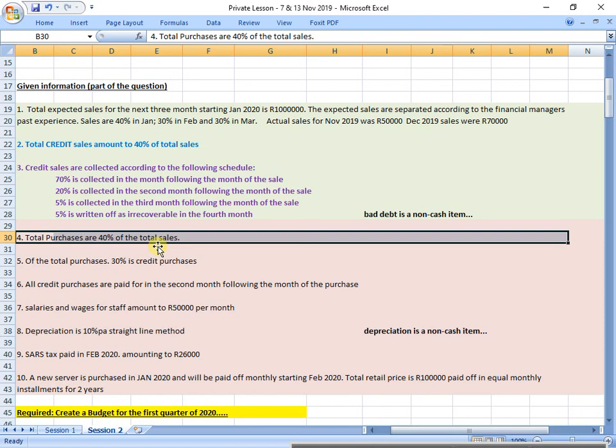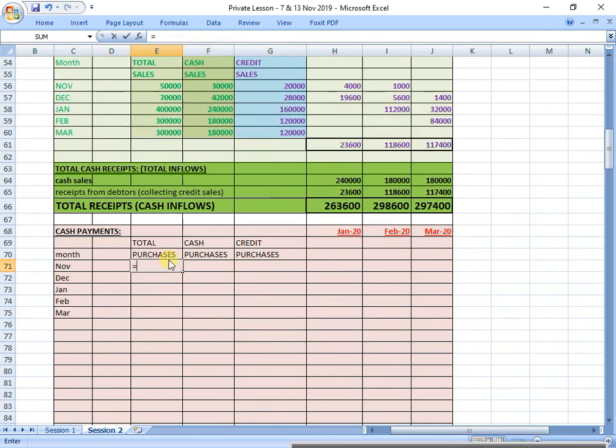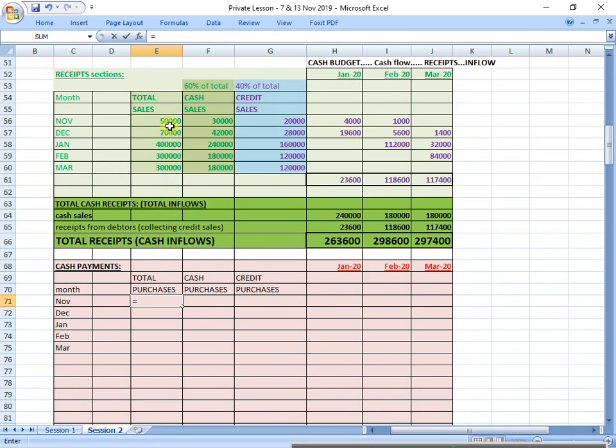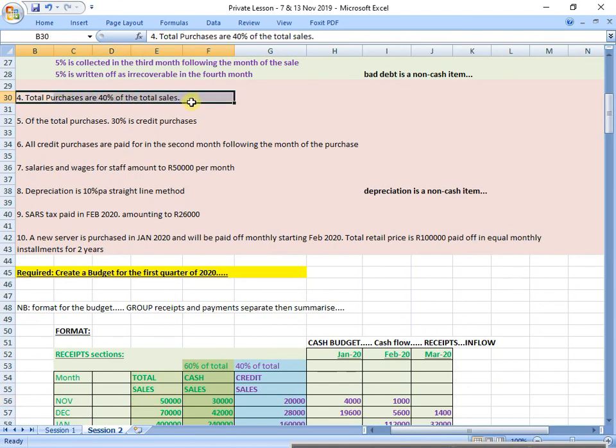Okay, whatever the sales are. Okay, so let's put that in. Total purchases for November, 40% of 50,000. Does that make sense? Okay, because they said here, 40% of the total sales is the total purchases, right?